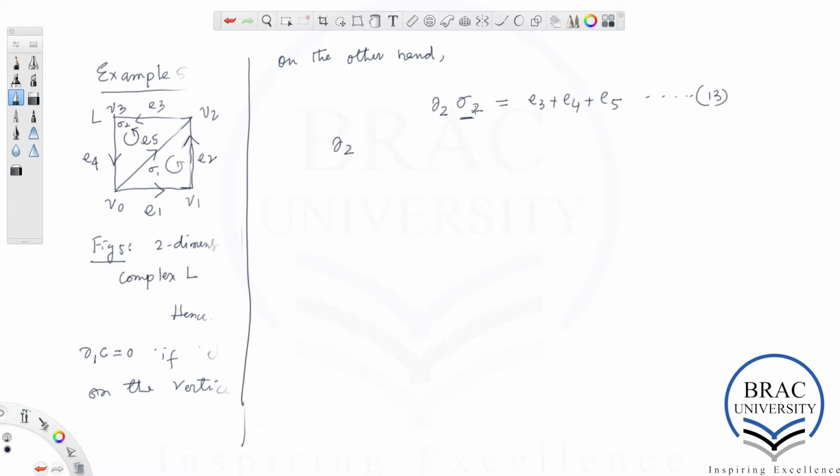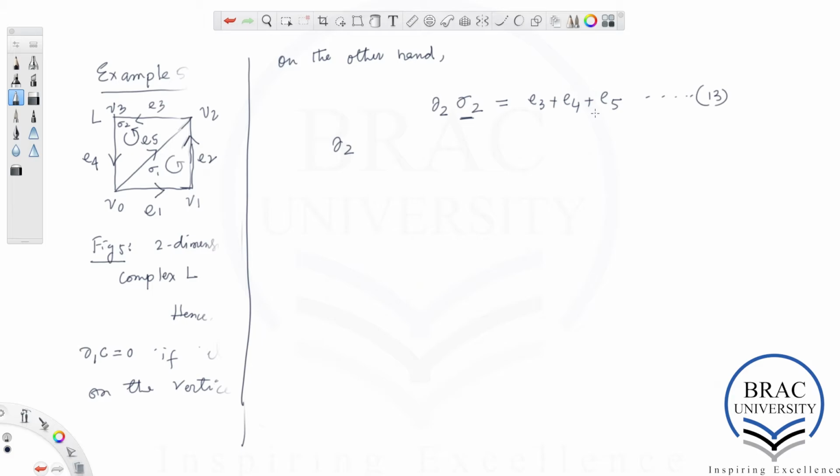The one chain is given by this expression 13. The one chain acting on the edge: the value of this one chain on the edge E3 is 1. The value on the edge E4 is 1 also. And the value on the edge E5 is 1. The value of this one chain on the other edges vanish.